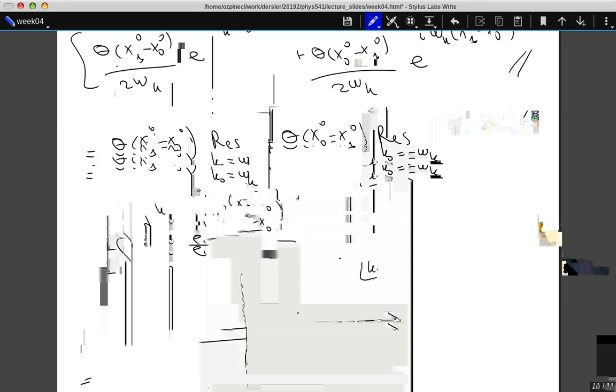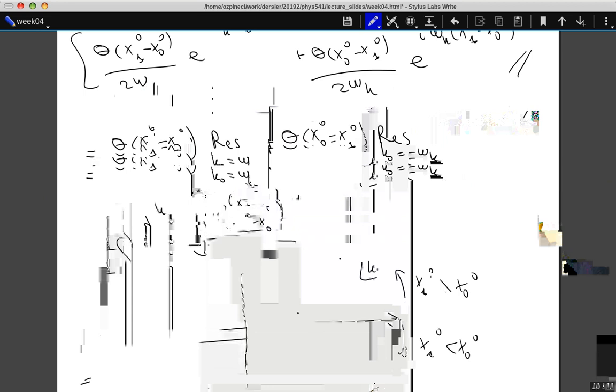Now, if x10 is larger than x00, I'm closing my contour through the upper half plane, right? Yes. And if x10 is less than x00, I'm closing it from the lower half, if I put the minus sign over there.